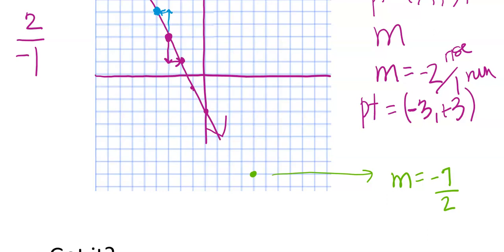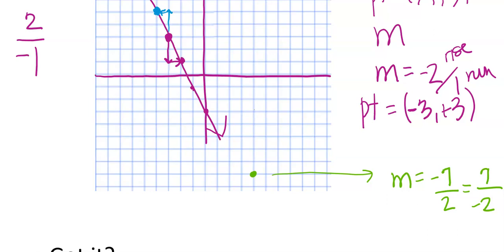Can you go down 7 when you don't have any graph paper left? No, you can't. So all I'm going to do is I'm going to switch it so my 7 is positive and my 2 is negative. That's all I'm going to do. So instead of having the negative on the top, I'm going to put it with the bottom. And that tells me that I'm going to go up 7, which I do have room for.